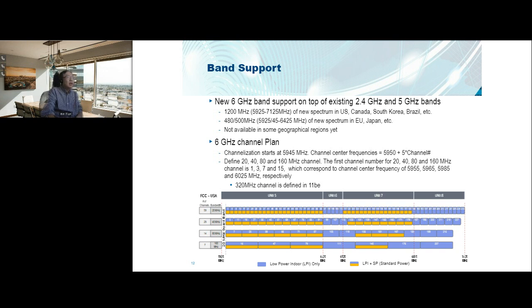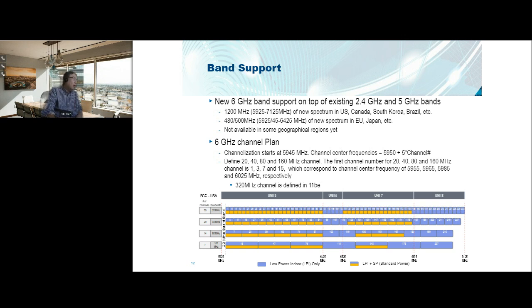There are around 1,200 megahertz of new spectrum, a huge amount, released in the US, Canada, South Korea, Brazil, and many other countries. In some other parts of the world, about half of that, for example 480 or 500 megahertz of new spectrum, was released in the EU and Japan.